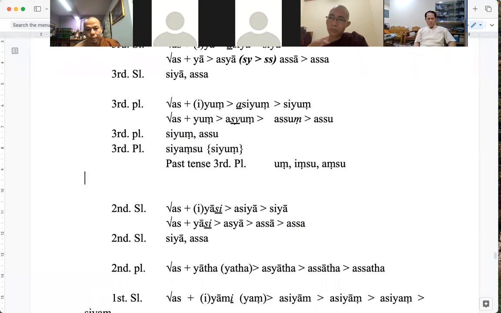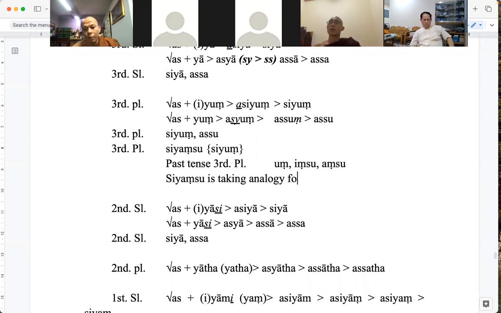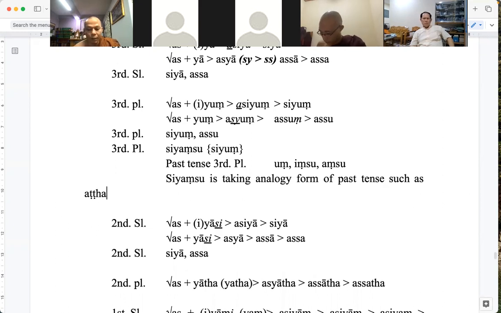So simply we can say CM Su is taken, maybe an analogy form or analogical form of the past tense, such as by the attempts or something like that.